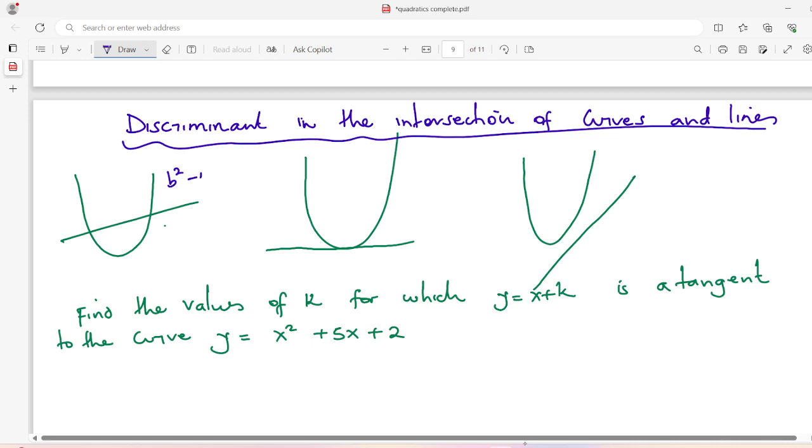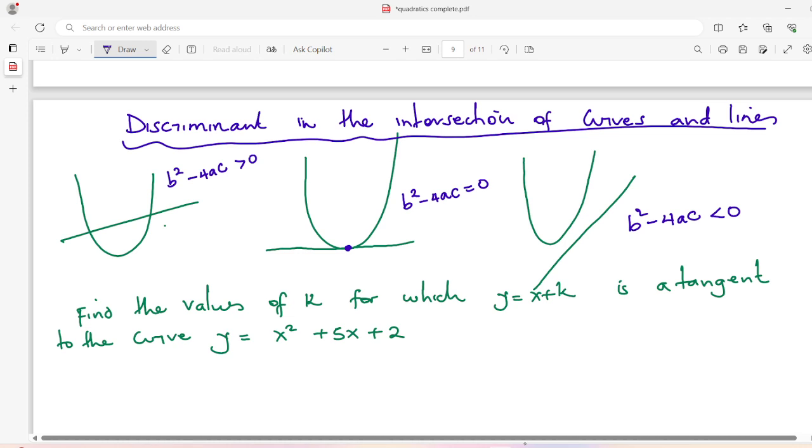Then if you have the line being a tangent, we say b squared minus 4ac is equal to 0 because we only solve and get 1 point of intersection. Then if you have a curve and a line not meeting, it means we can't solve these two, so we shall use b squared minus 4ac less than 0.